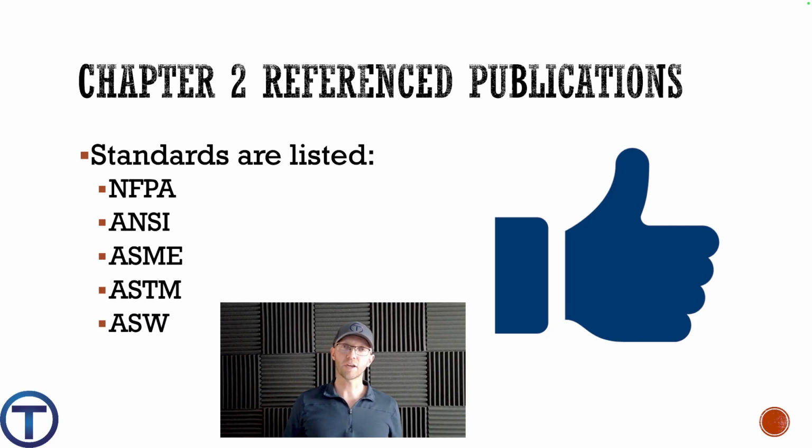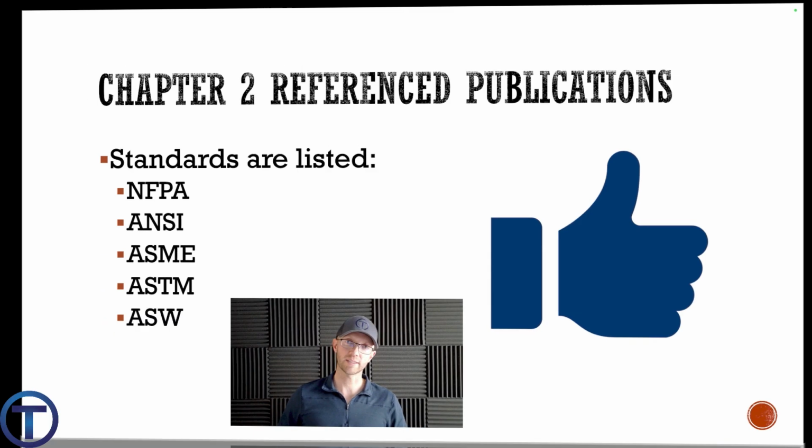This chapter, as you go through it, gives you several columns listing one after another the standards that would have to be met for the materials that go into a fire sprinkler system. That includes standards in the NFPA, the ANSI, the ASME, the ASTM, and the ASW standards. If you want more details, why don't you peruse Chapter 2?